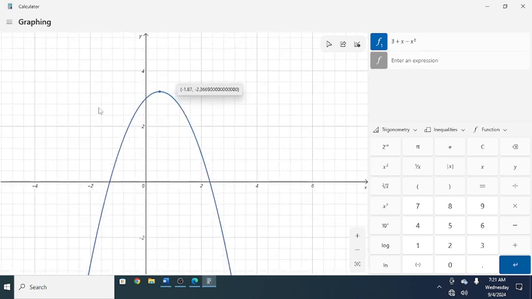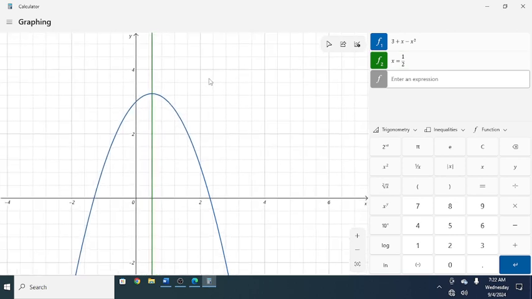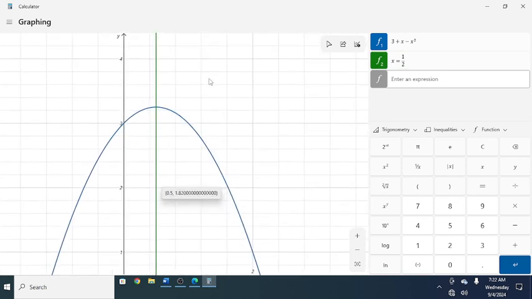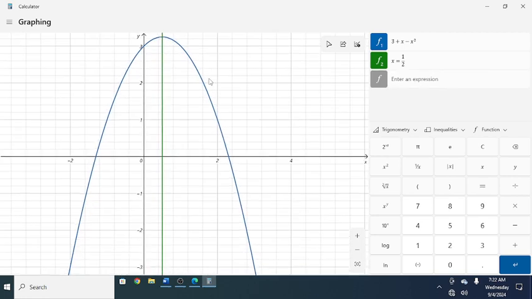Now the line of symmetry is a line that is cutting this quadratic into two equal parts. Like we said, the x coordinate of the turning point is the line of symmetry. We have x equal to half. So clearly this line is going to cut this quadratic into two equal parts. All right, so that is the line of symmetry.